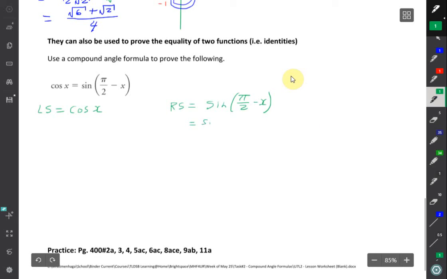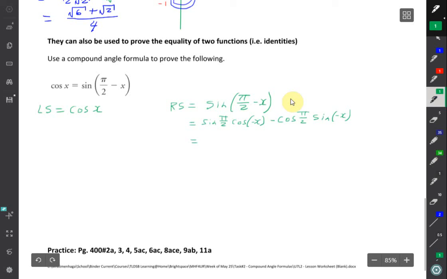So the sine of pi over 2, and you can look back at the identity to remember. So this goes sine, cos, cosine, and the sign in the middle is the same as what's in the bracket. So we have sine pi over 2 and the cos of minus x minus the cos of pi over 2 and the sine of minus x.